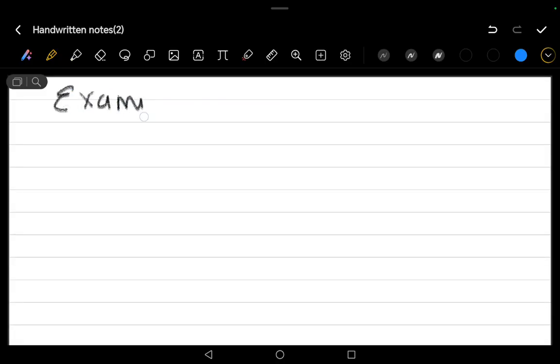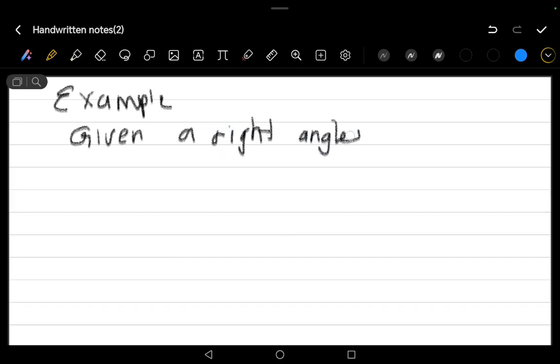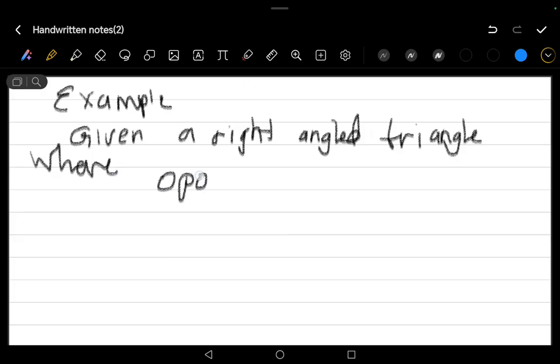In this example, let's say you are given a right angled triangle where the opposite is equal to 10 centimeter.